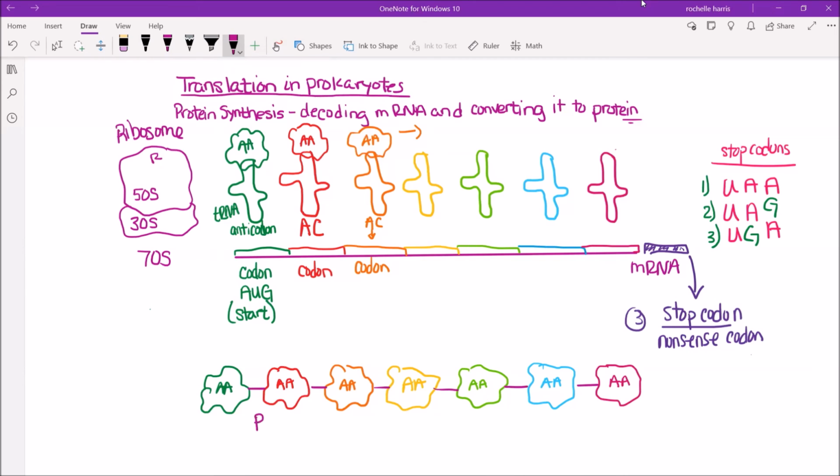So we have a peptide bond. And this whole protein is called a polypeptide chain. And this is translation in prokaryotes.